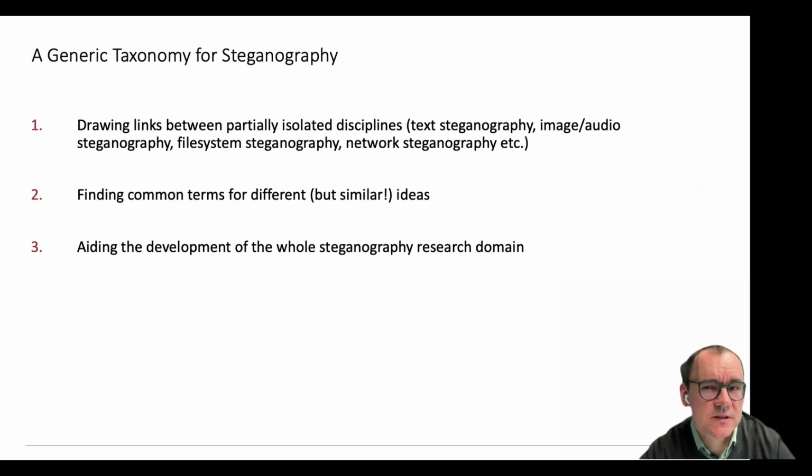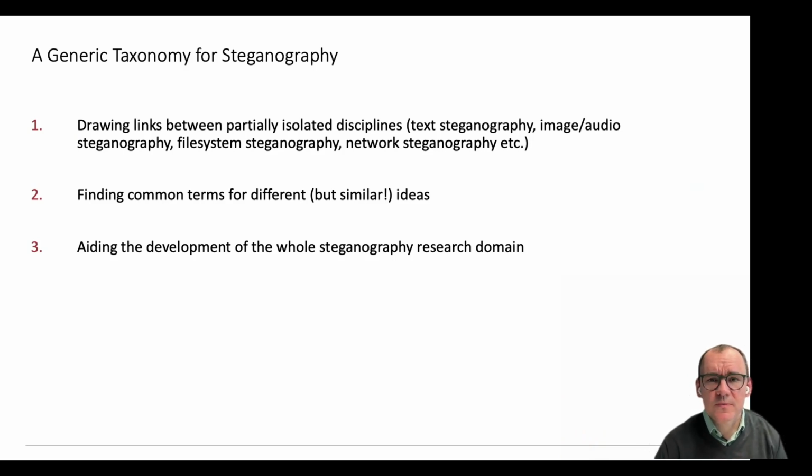The question is, what does it mean to have a generic taxonomy for steganography methods, and why is this new? The idea is that we want to draw links between the different subdisciplines and find common terms. For instance, someone might have an idea how to describe a hiding method or invent a new hiding method in file system steganography that is similar in cyber-physical systems steganography, text steganography, or network steganography.